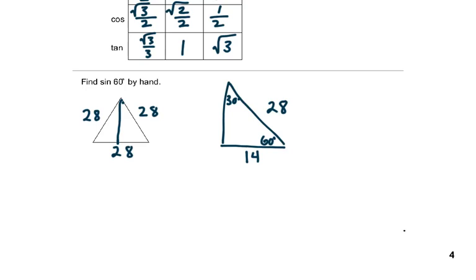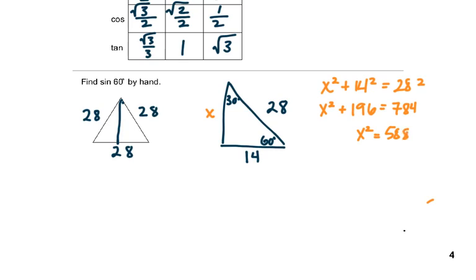And now we have to find this third missing side here using the Pythagorean theorem. So I'll call that guy x. X squared plus 14 squared equals 28 squared. X squared plus 196 equals 784. I subtract, I've got x squared is 588.